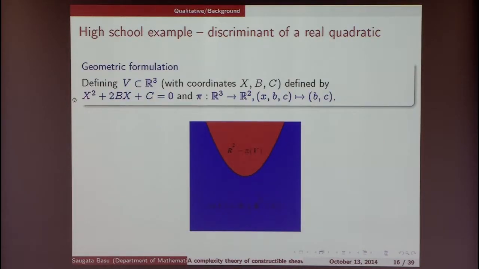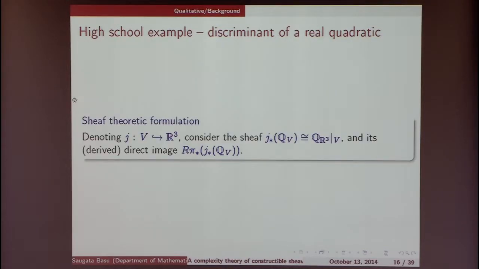V is defined by this equation, x squared plus 2bx plus c. Then you project V and you get the blue part, pi of V. V is a real variety in R3. So this sheaf has stalks equal to Q for points in V and 0 outside.